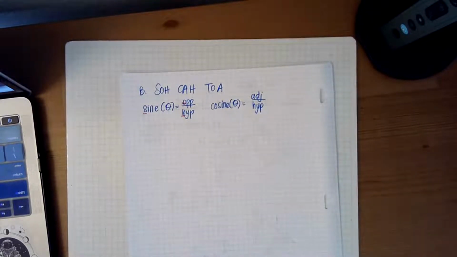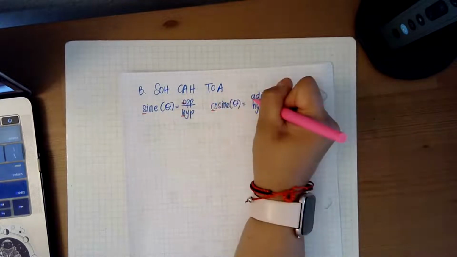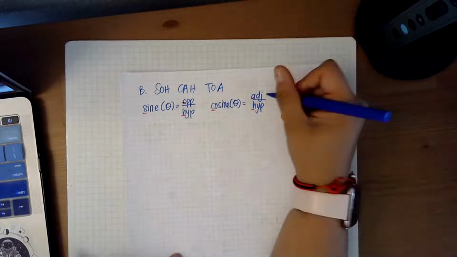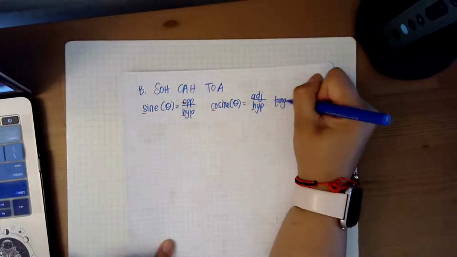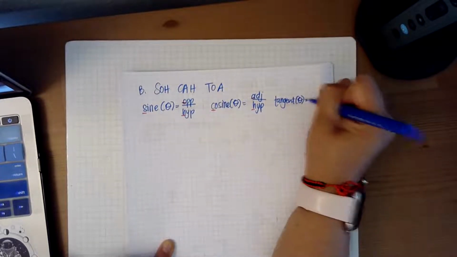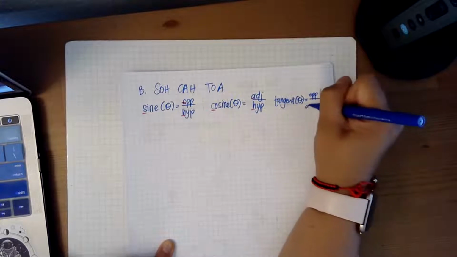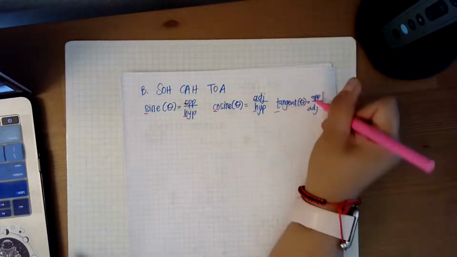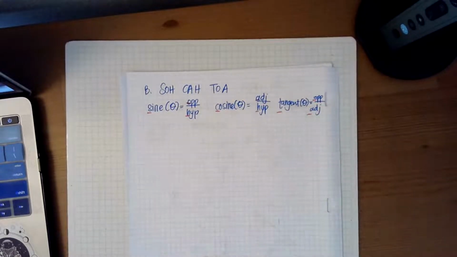That's my "ka." And lastly, I have tangent of theta is equal to opposite over adjacent. These are very important trig ratios. Sohcahtoa applies to right triangles, so there has to be a right angle in that triangle for this to work.